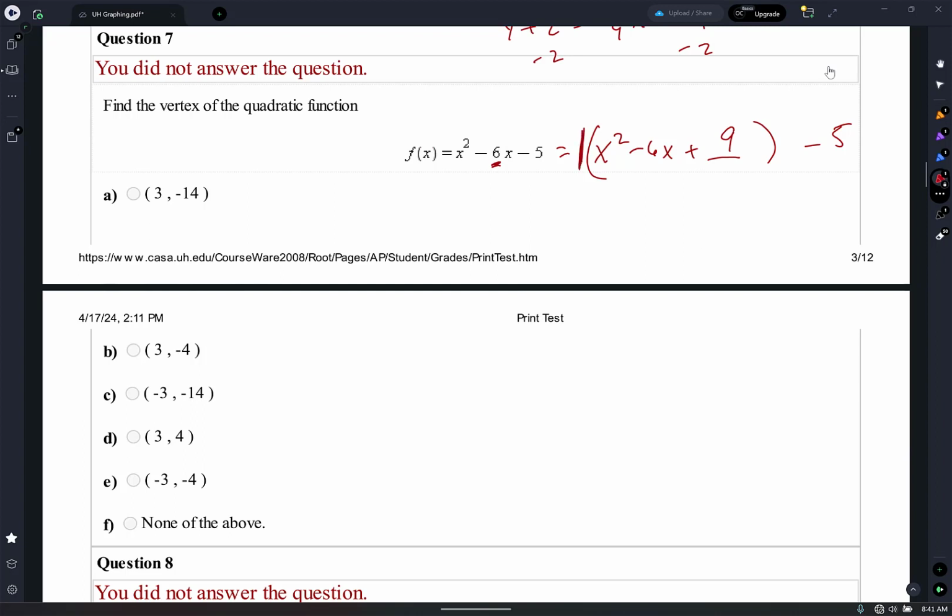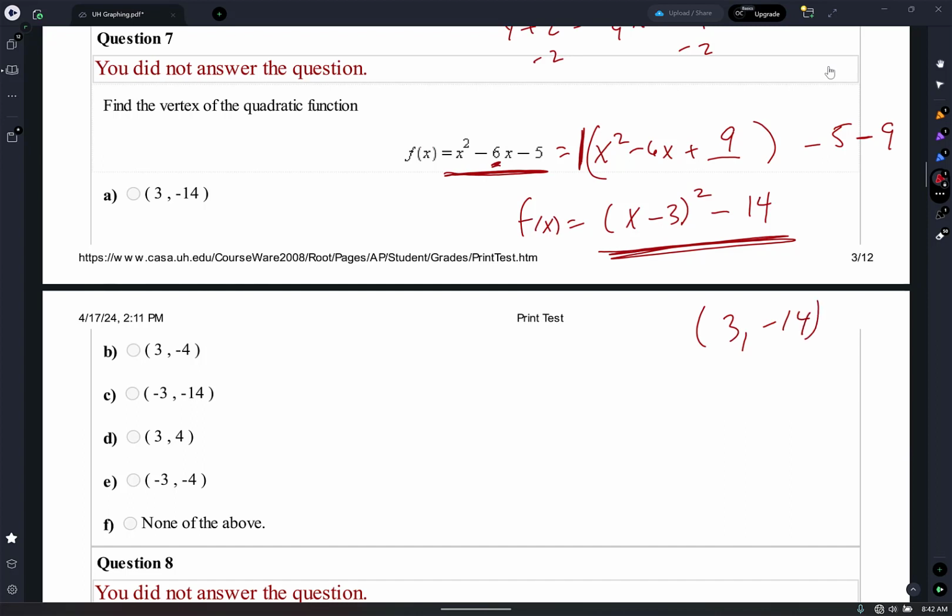There's a 1 in front of this, so I got to go minus 9 on the outside. See? x minus 3, close it, squared, minus 14. These are equivalent. This is the same as that. So my vertex is at 3 comma negative 14.